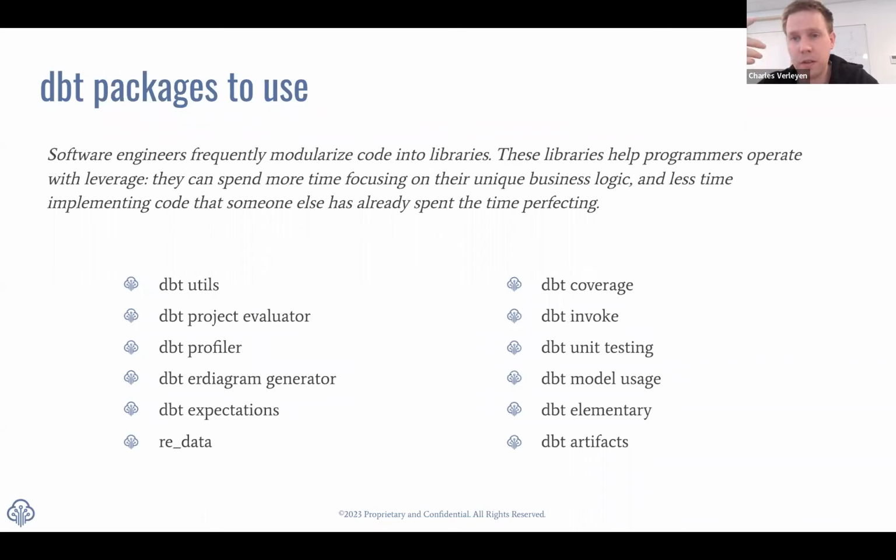So dbt Invoke generates the skeleton of those files. It will check in your query what the final fields are, and then pre-build the YAML files with the right structure, and you just have to fill in the description and put in the additional tests that you want.